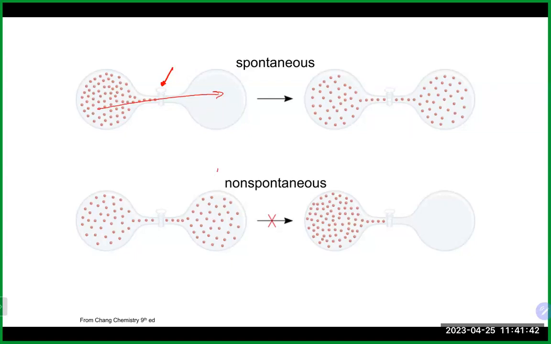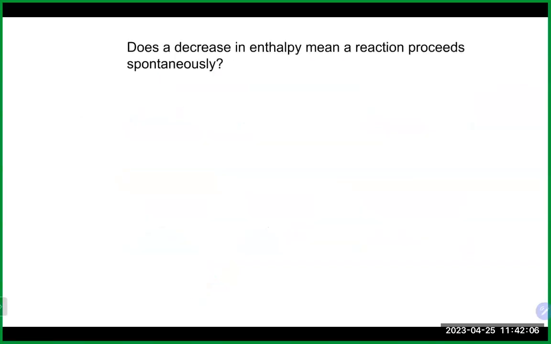Non-spontaneously, if we have these molecules on both sides of the container, in most cases they won't all decide to come this way without a little bit of coaxing. So in a non-spontaneous way, they pretty much won't go to the other side by themselves. You can maybe force them to the other side, but probably not by themselves.